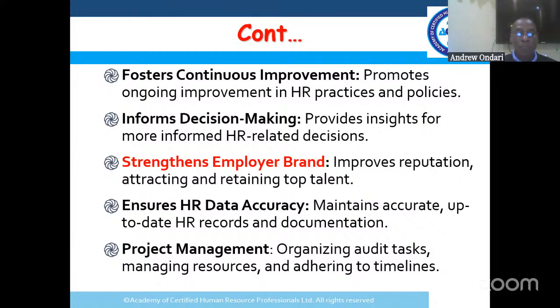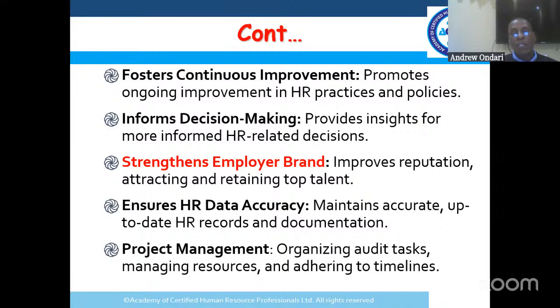project-oriented. If I may talk about a project, it is any activity or undertaking that is performed within a particular time, within budget, and within certain quality parameters. HR auditing is a project.